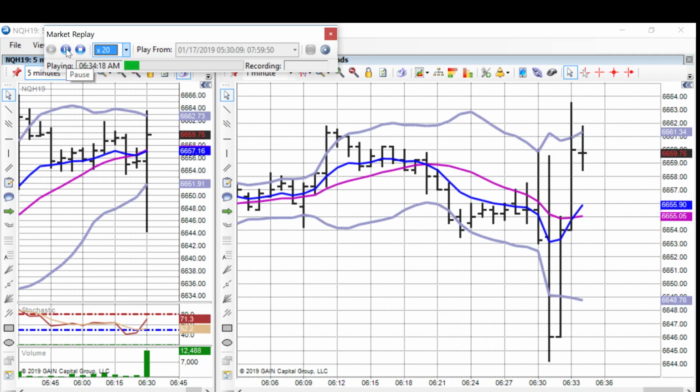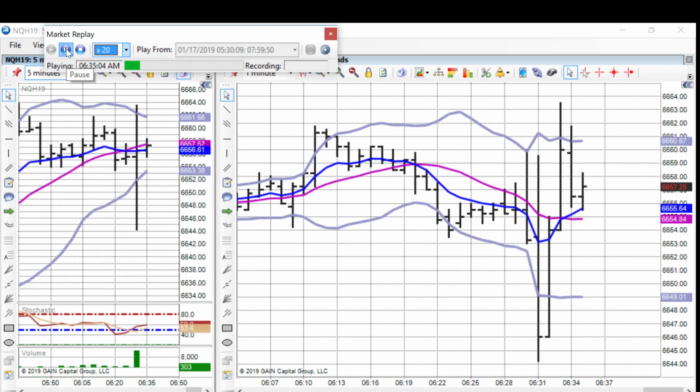Okay, so what we're looking for here, we see that it's entered an uptrend, and we're looking for it to hold that uptrend. It's kind of got a lower low right here, and that looks like a fractal to me.